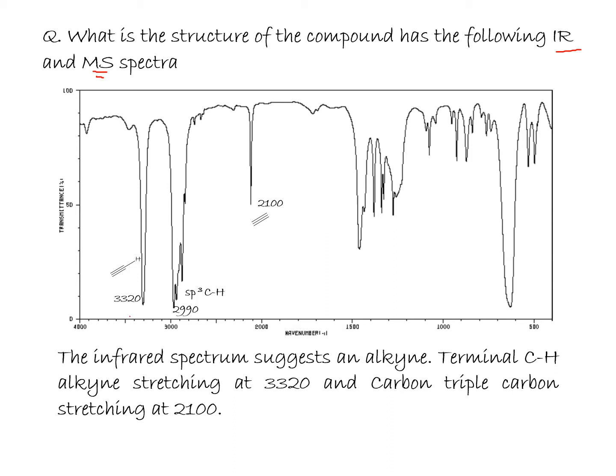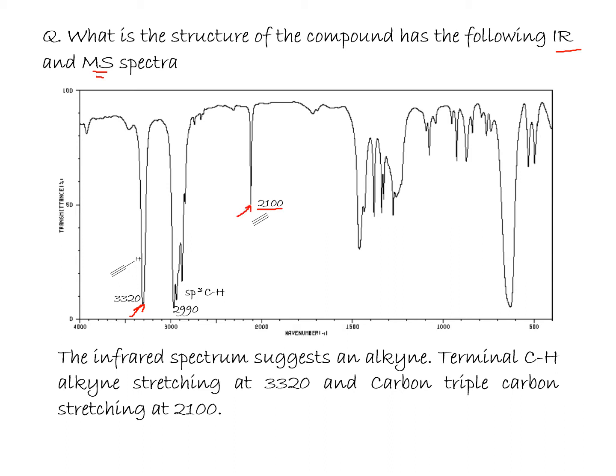Here we have a peak at 3320 and sharp. It is in the region of OH and NH, but this is very strong. It seems like it is acetylenic. Looking at the zone of C triple bond C, yes, we can see a peak at 2100.